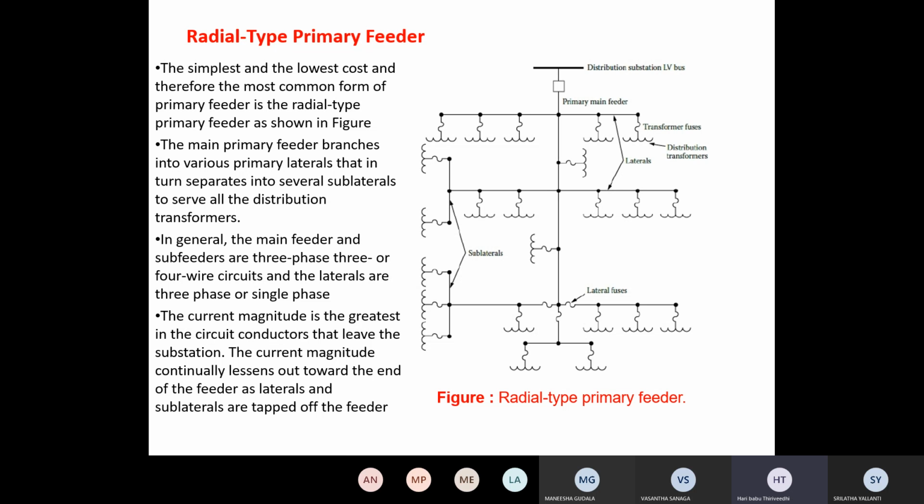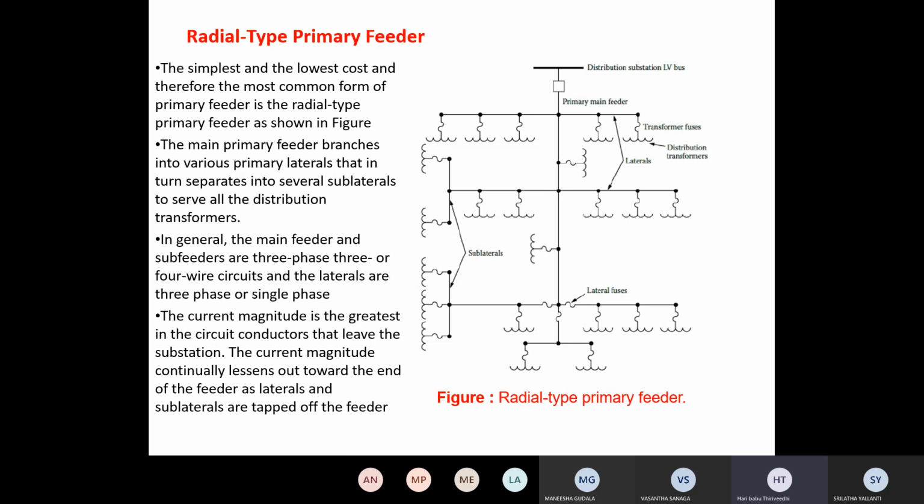Now the reliability of service, or continuity, of the radial primary feeder is very low, right? As you discussed in the radial distribution system, there is no continuity of power supply. That's why reliability is low, and continuity of power supply is also low. What is the reason?